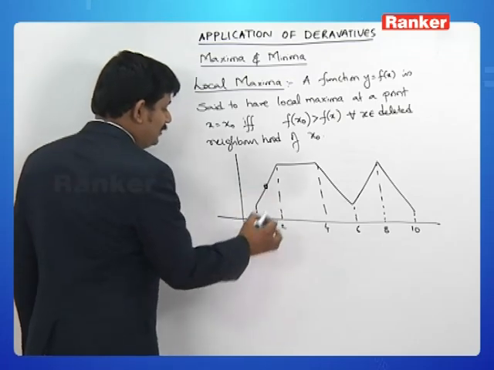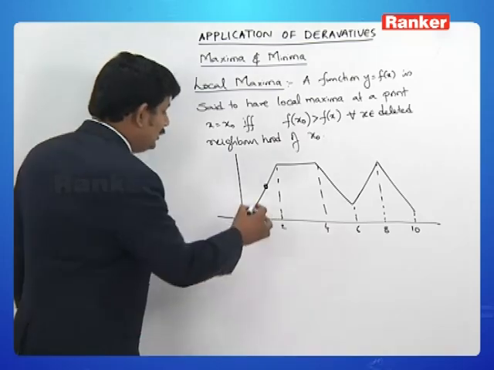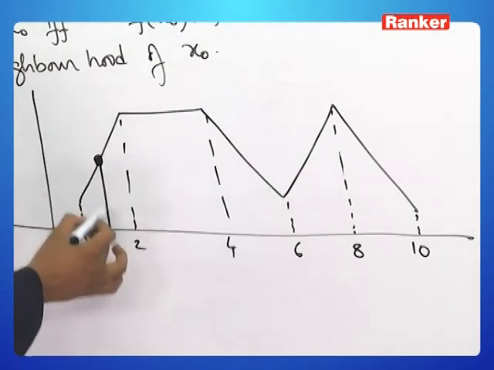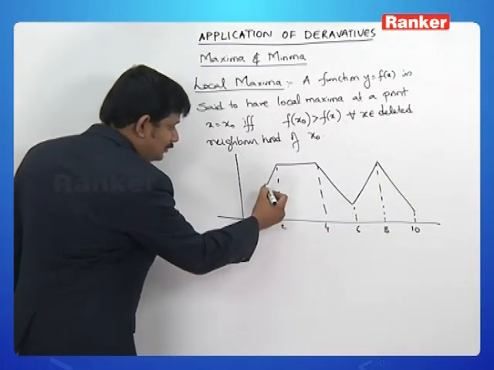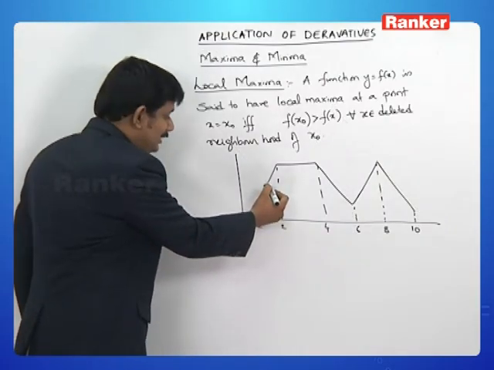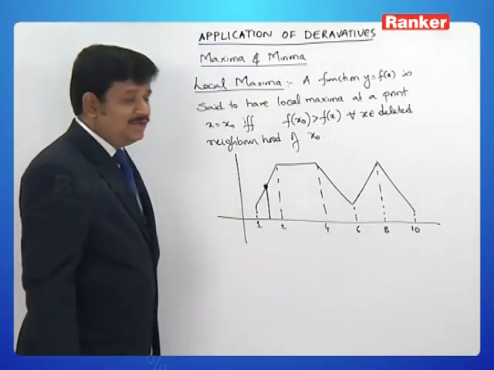Now, any point somewhere in between 1 and 2, let us see if it can be a local maxima. At this point, we understand the function value is the y coordinate of this point. Just in the right neighborhood, just immediate right, we can see f of x values are more than f of x naught.